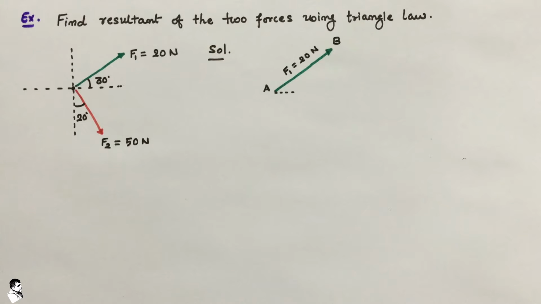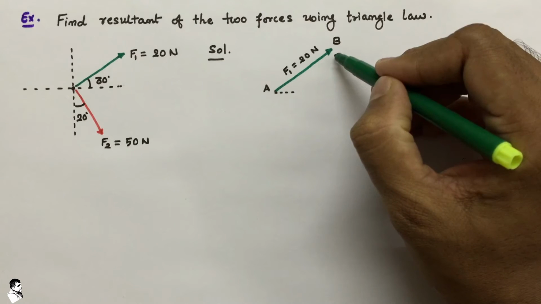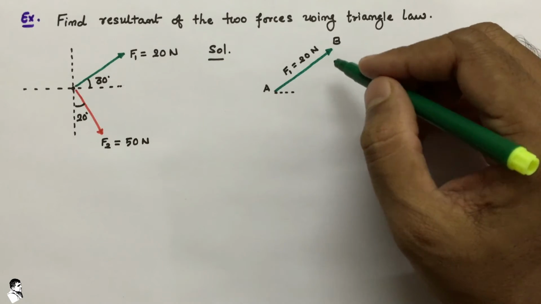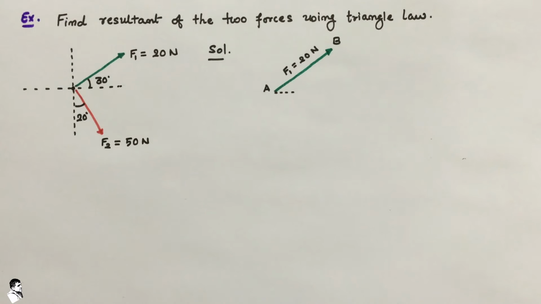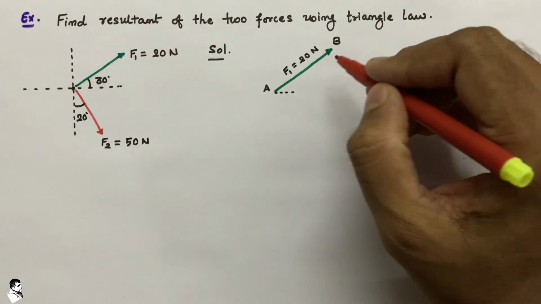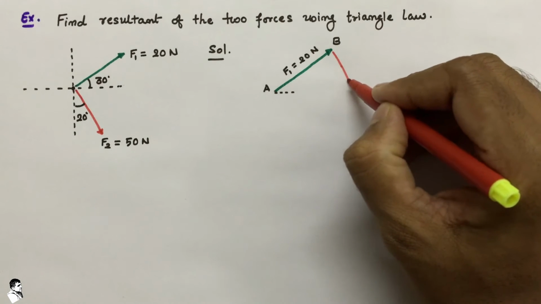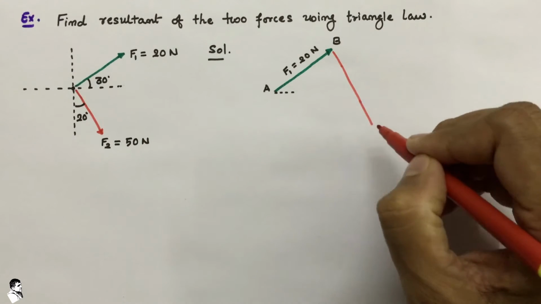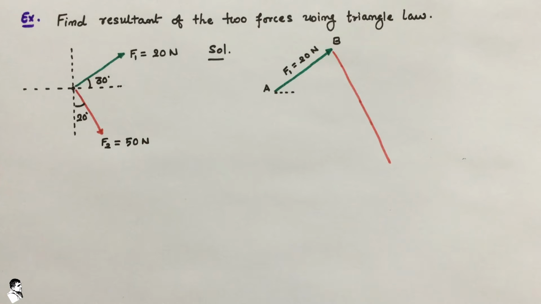Now by following the principle of triangle law, we start our second force with the head of this first force, maintaining the particular direction as well as the magnitude of that force. That is in this particular direction, and the magnitude is somewhat higher than the force F1.